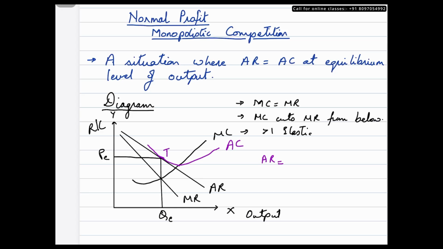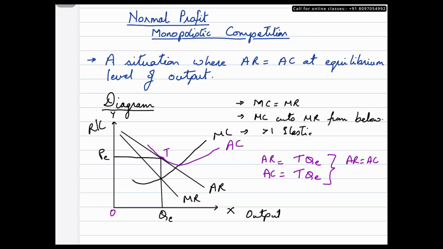Let me call it T, and this is O. So average revenue is equal to this segment, that is TQE, and average cost is also equal to this because your average cost is just tangent to this point. So it is equivalent to TQE, correct? That means your AR is equal to AC, average revenue is equal to average cost. So this is how your normal profit under monopolistic competition would look.